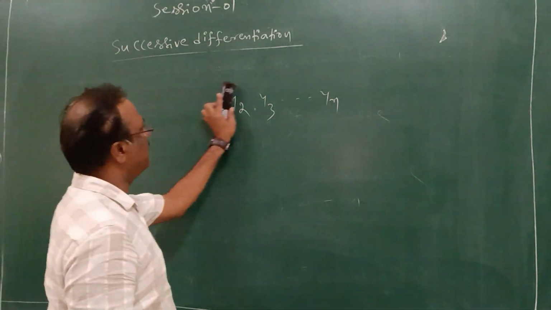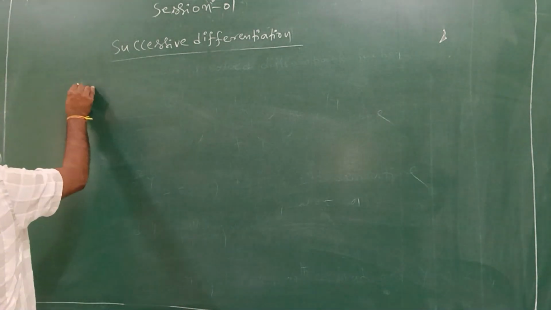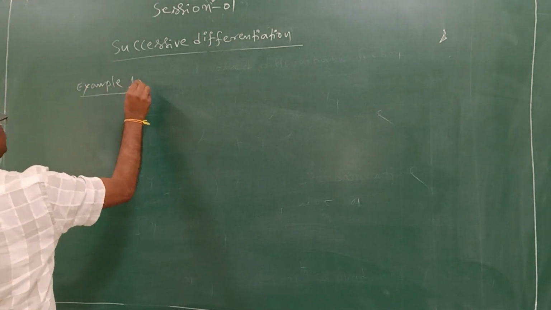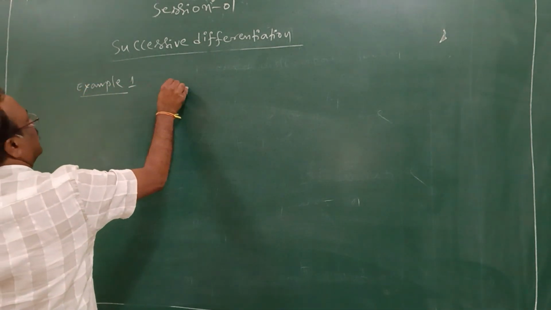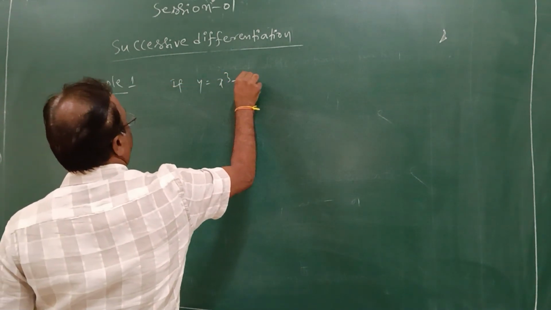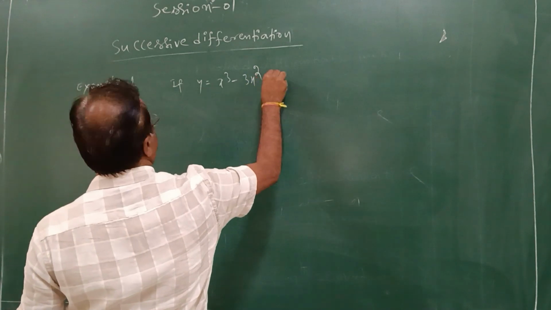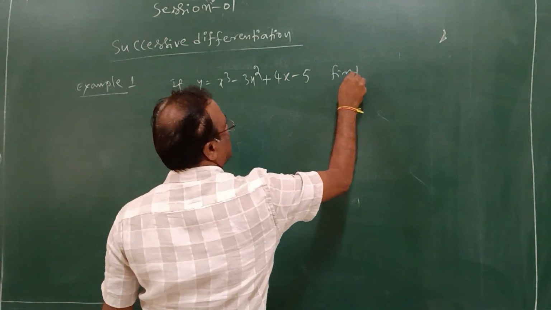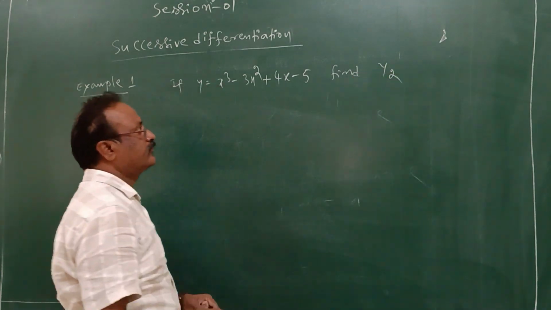Let me see one example. I will consider this: y is equal to x cube minus 3x square plus 4x minus 5. Let us find y2.